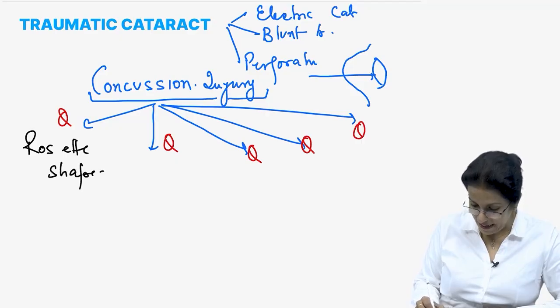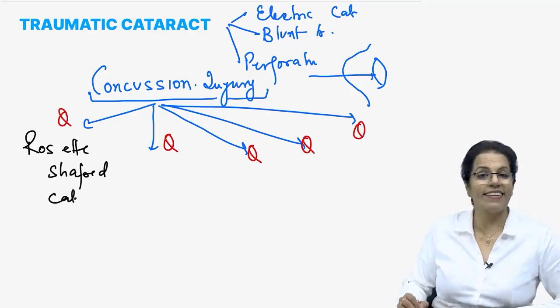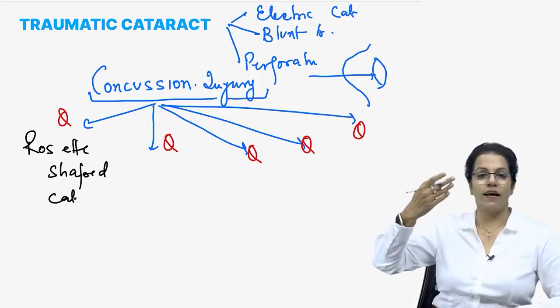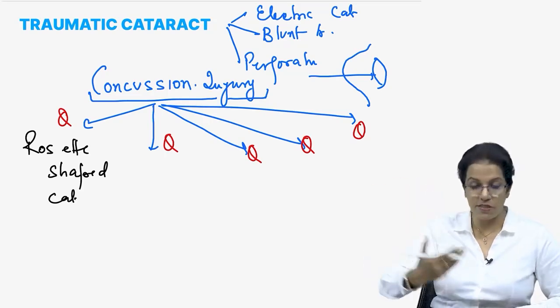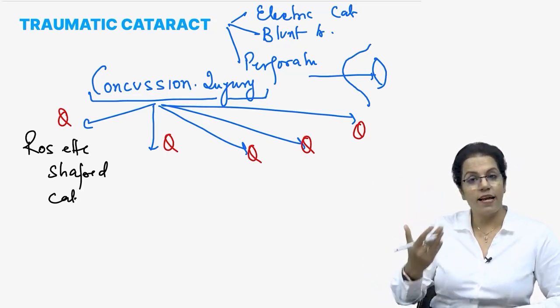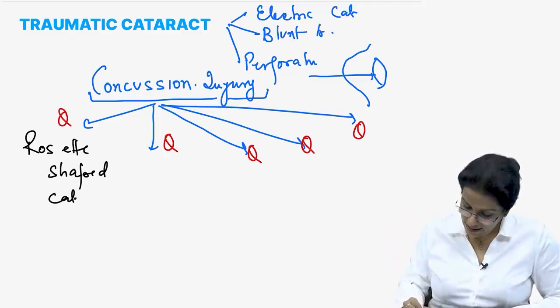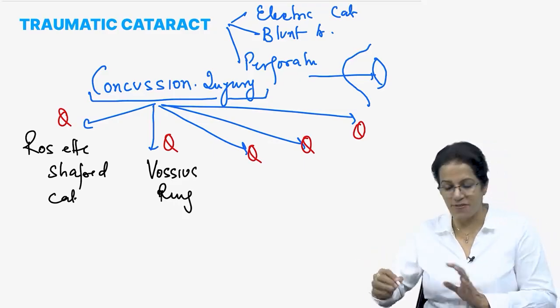Second finding, when there is an impact like this, the iris touches the lens. The posterior surface of the iris has pigments that get imprinted on the anterior capsule of the lens. This is called Vossius ring. I'll show you the slides shortly. I'm just listing it as of now.